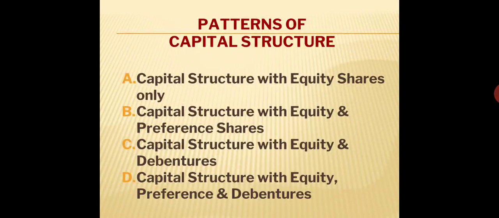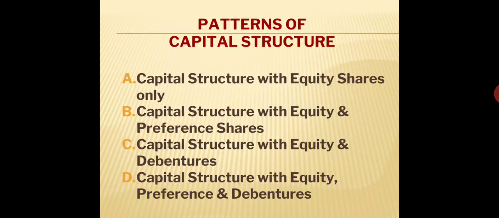Then the second one, this is the most complicated pattern of capital structure. Yes, it is very difficult for an outsider to understand the capital pattern of our organization, because we offer both. We offer every type of security. So it is one of the complex patterns of capital structure. Third one, the directors are not free to deal with the earning of the company as they wish.